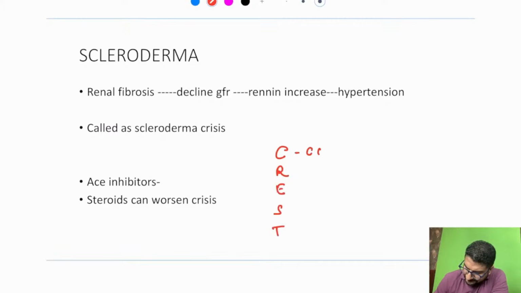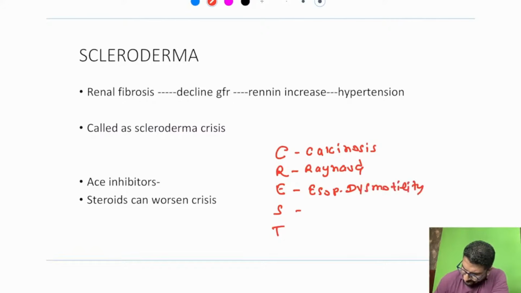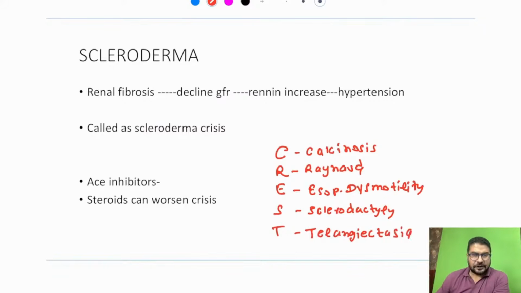CREST syndrome: C for calcinosis, R is Raynaud, E is esophageal dysmotility, S is sclerodactyly, and T is telangiectasia. So this is your superficial form.